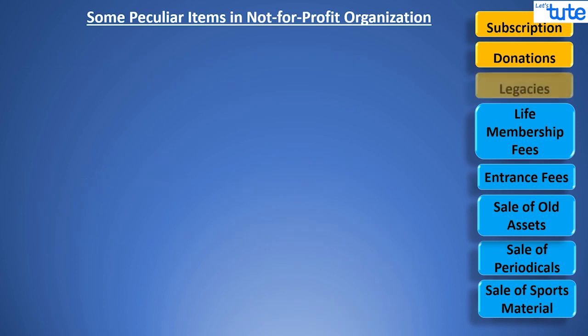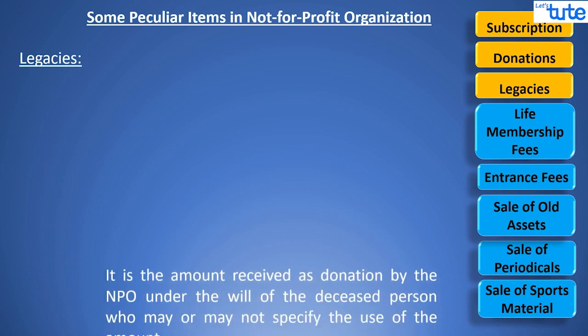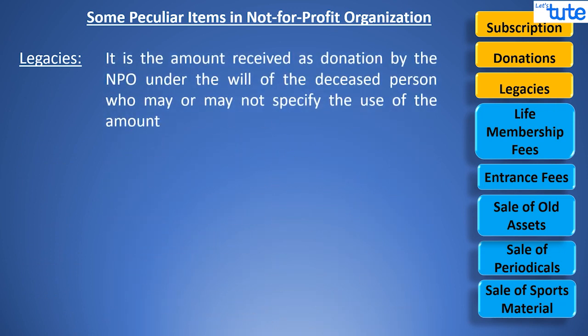So moving ahead, next is legacies. Can you tell us what is the meaning of legacy? Have you heard this term? It is the amount received as donation by the non-profit organization under the will of the deceased person who may or may not specify the use of the amount.